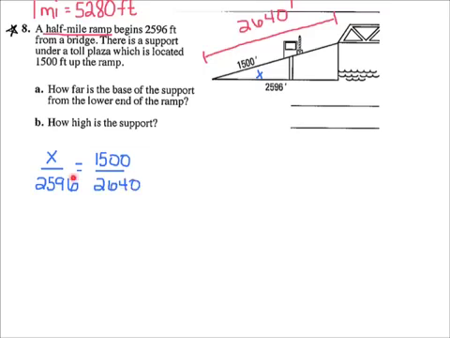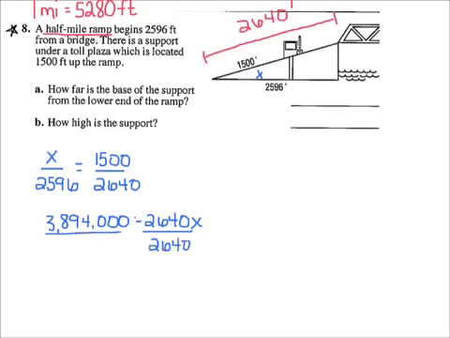And then I'm going to cross multiply. So 1,500 times 2,596 comes out to be 3,894,000. And that equals 2,640x. Then I'm going to divide by 2,640.